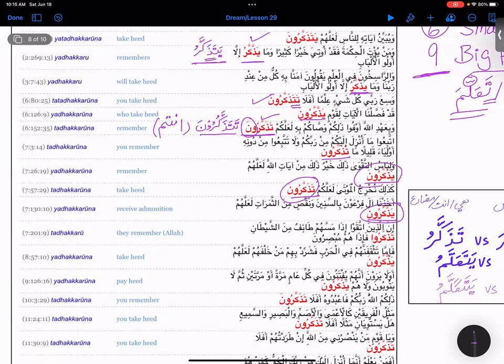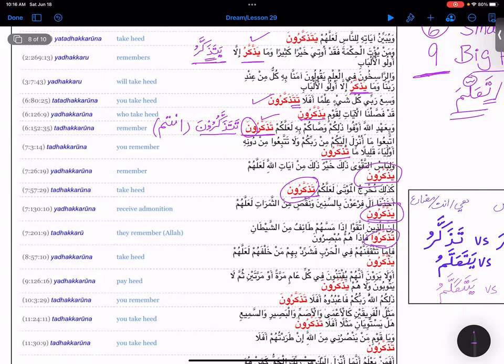And now this is tadhakkaru. What do you guys think? What kind of word is it? This is fi'l madi, and the fa'il is whom. Okay, but it can also match with mudari'.